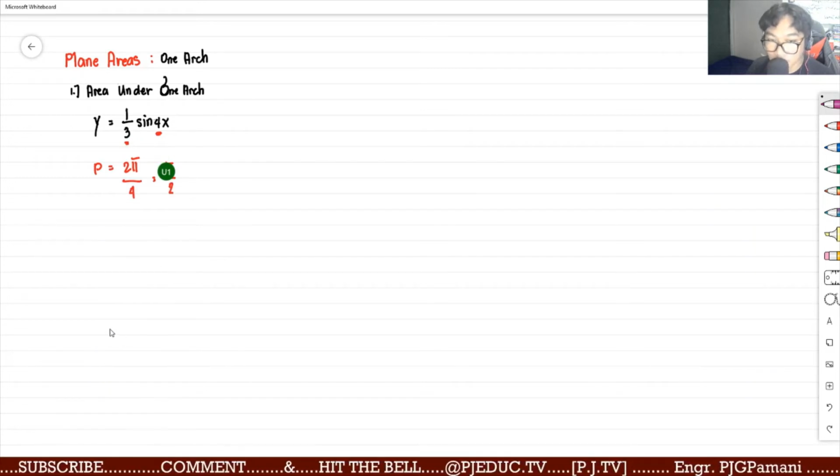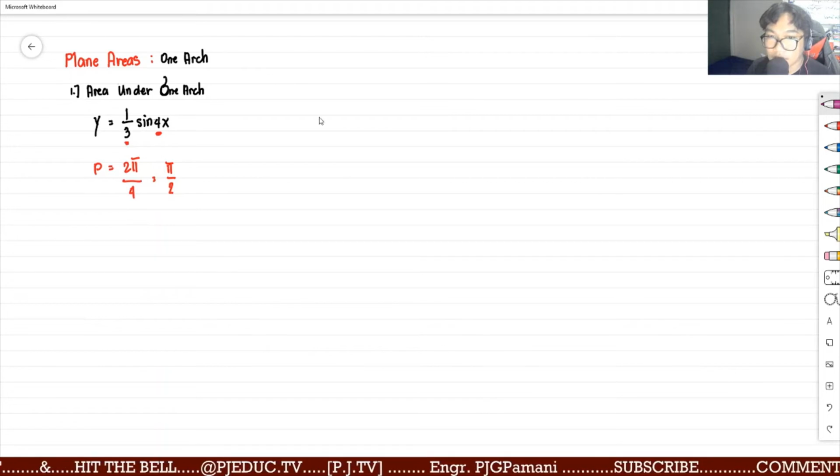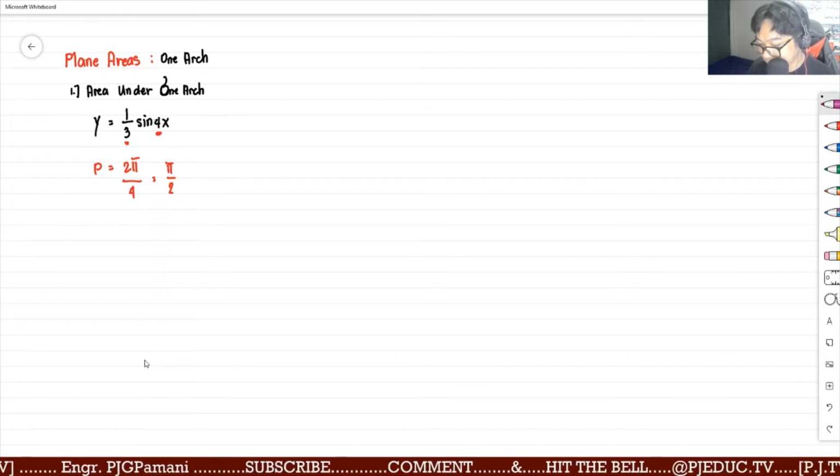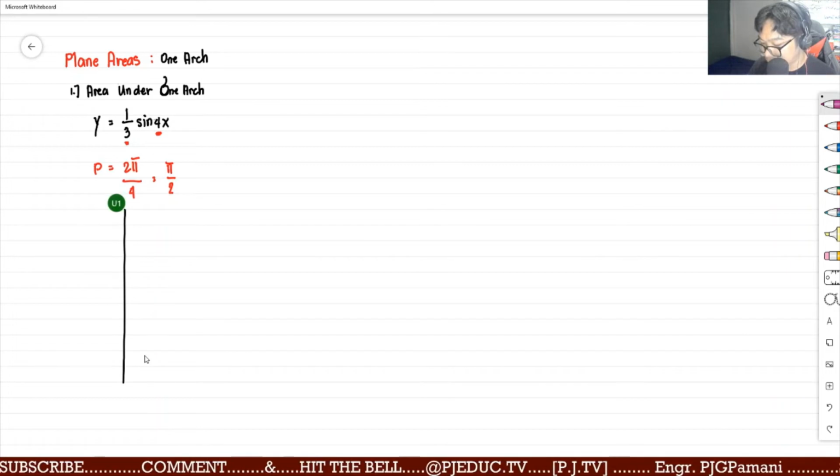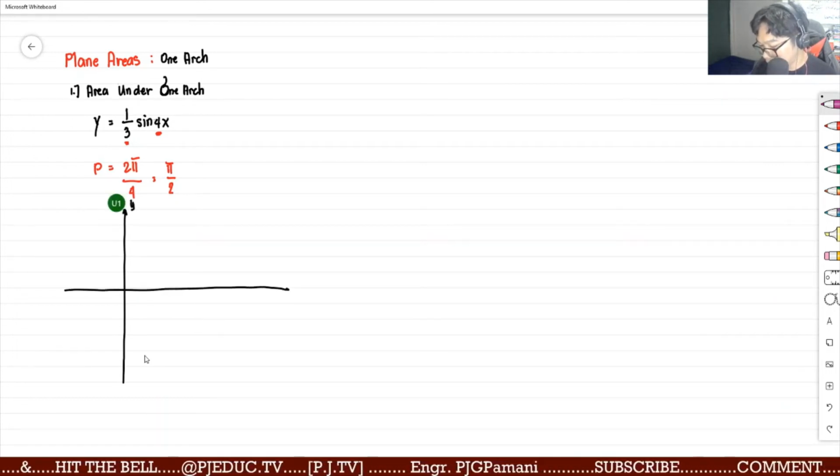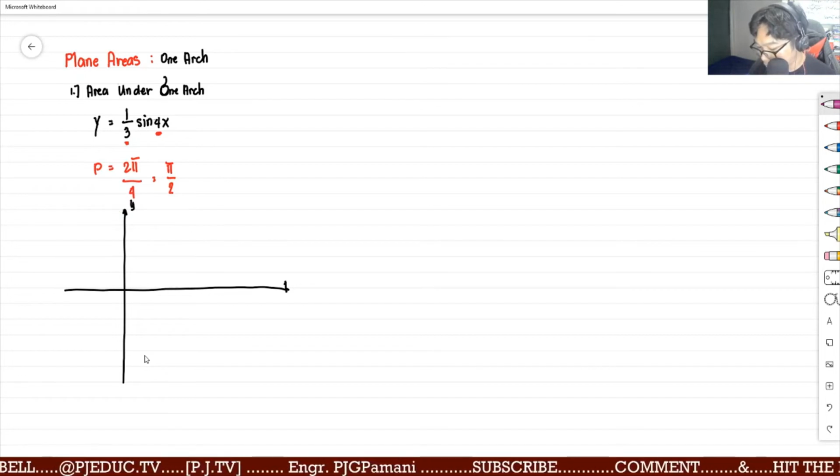So, one complete wave is simply equal to pi half. Sine yung pinag-uusapan, so mag-start tayo sa origin, always. Plot your Cartesian, your x-axis.